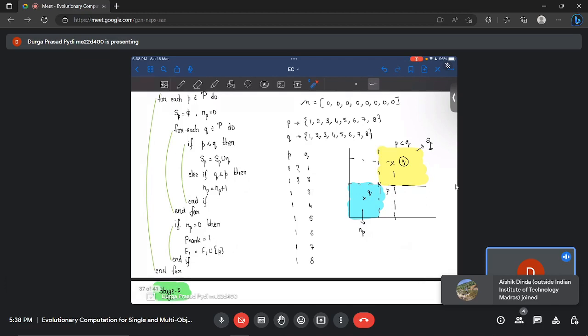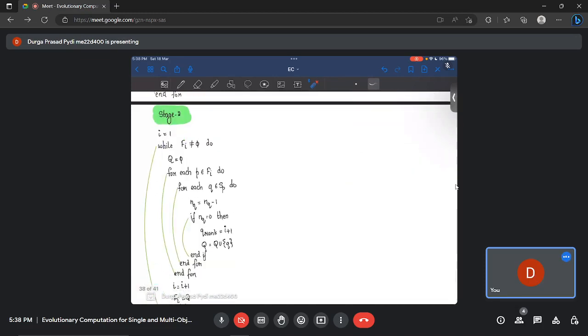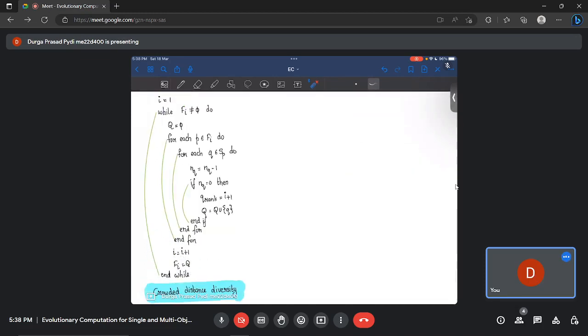So once you get all the individuals in the first front, then you go to the next stage. In the next stage, we take each front by front. In the first front, the first step is checking if Fi is not equal to null set. Since the first front has some solutions, this is satisfied, and we define Q equal to the null set.